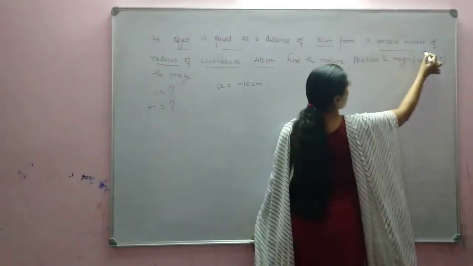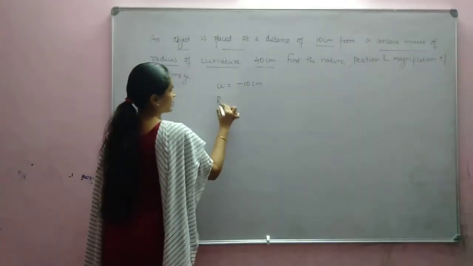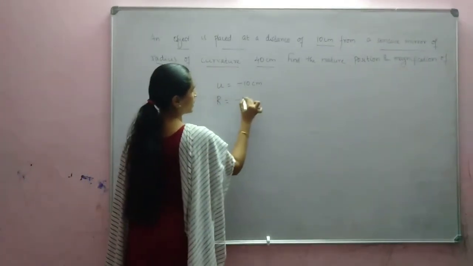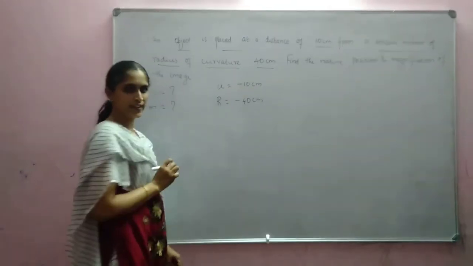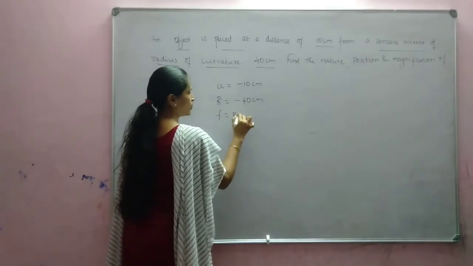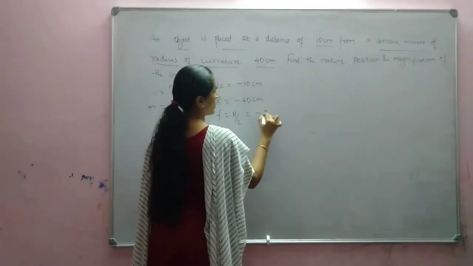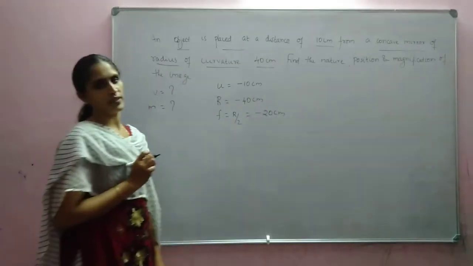Since it is a concave mirror, focal length will be negative, so radius of curvature will be negative, -40 cm. Here also data is given, that's why we write it. And f = R/2, that is equal to -40/2 = -20 cm.